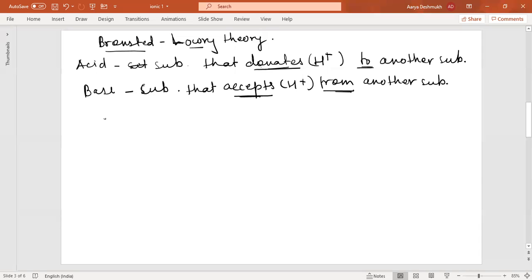For example, if you write HCl plus NH3, a simple reaction where they react together, it leads to the formation of NH4 plus and chloride ion. Ammonium ion is formed and the chloride ion is also formed. This proton is donated and accepted by the ammonia molecule.